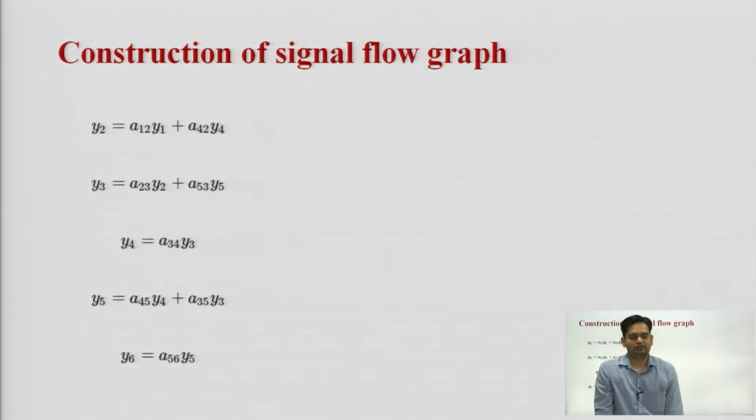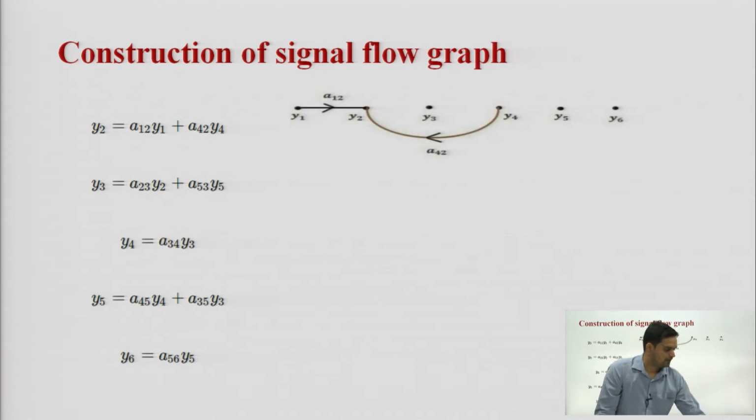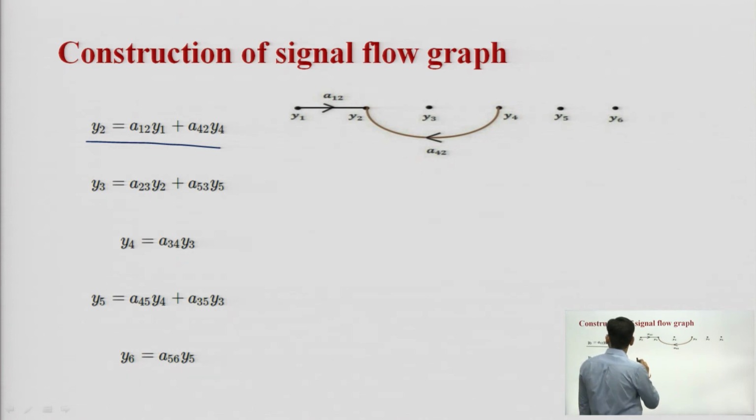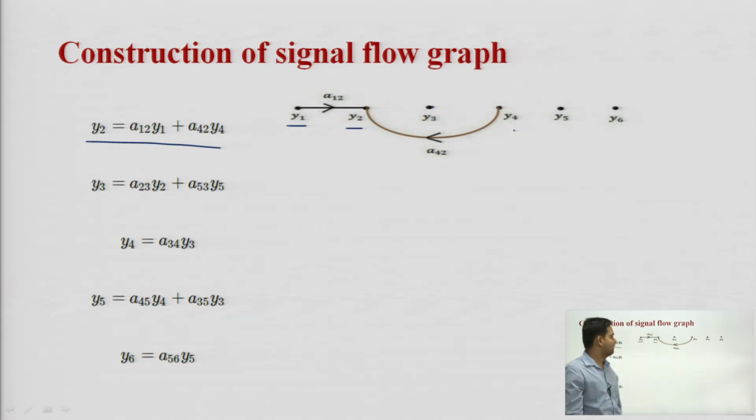Now, we will see a basic rule for construction of a signal flow graph. Here we can say this equation is y2 equal to this much. How can we obtain it from the signal flow graph? Suppose we have nodes y1, y2, y3, y4 and this partial signal flow graph is present here.